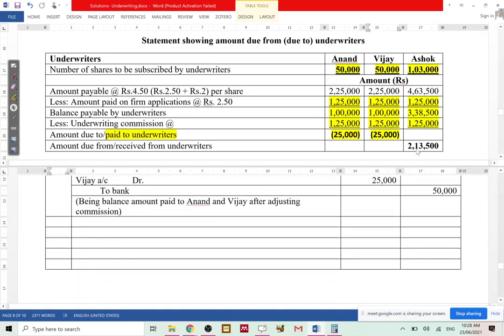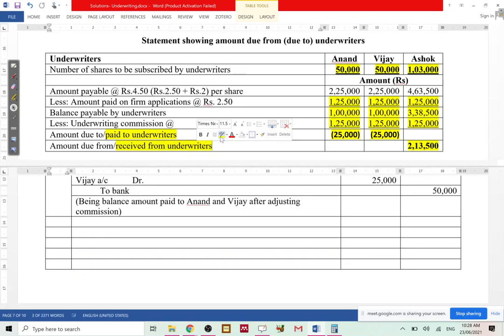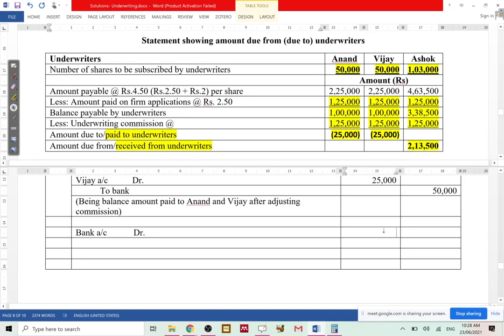And same way, only one person, that is our Ashok here, he is paying to the company. So received from underwriters means what? We have received. Ashok has paid to us. He was yet to pay us. That means our bank account will get debited. Our bank account becomes the receiver here. Okay. How much are we receiving? 2,13,500, this last amount. And who is giving us this money? The giver is Ashok, right?